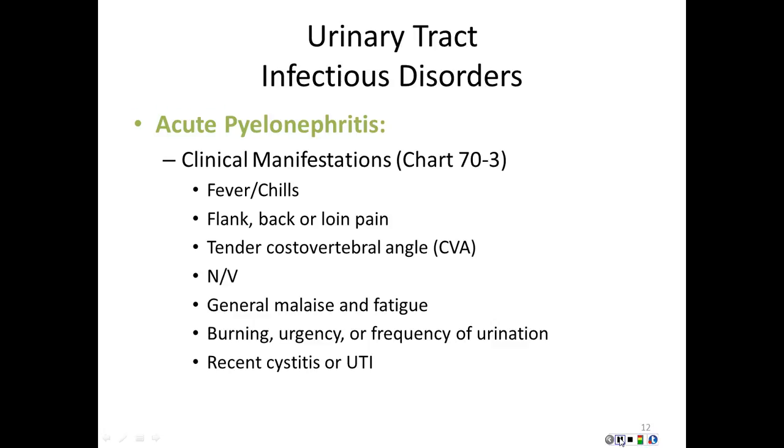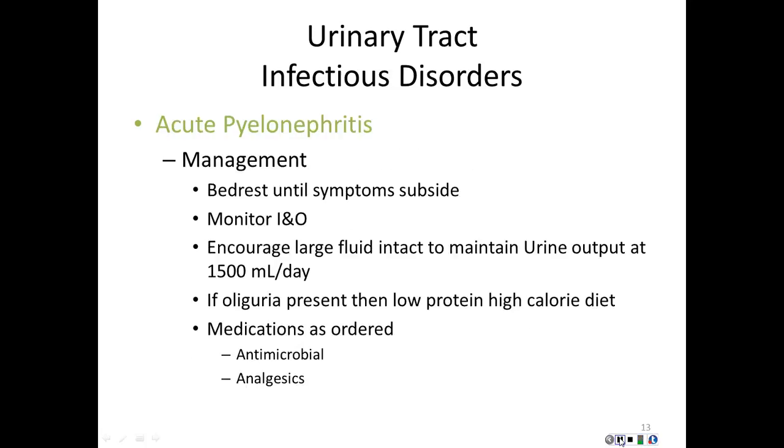Typical management, though, of these patients with acute pyelonephritis is bed rest until the symptoms subside. We want to make sure we're monitoring their intake and output. If they don't have any other type of problems, such as congestive heart failure or chronic changes in the kidneys where they already have lost a large amount of the function of their kidneys, we want to encourage large fluid intake, enough to maintain the urine output at around 1,500 milliliters per day.